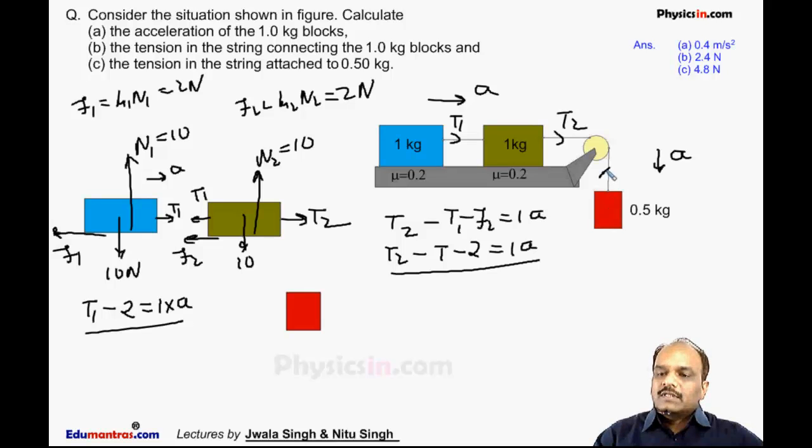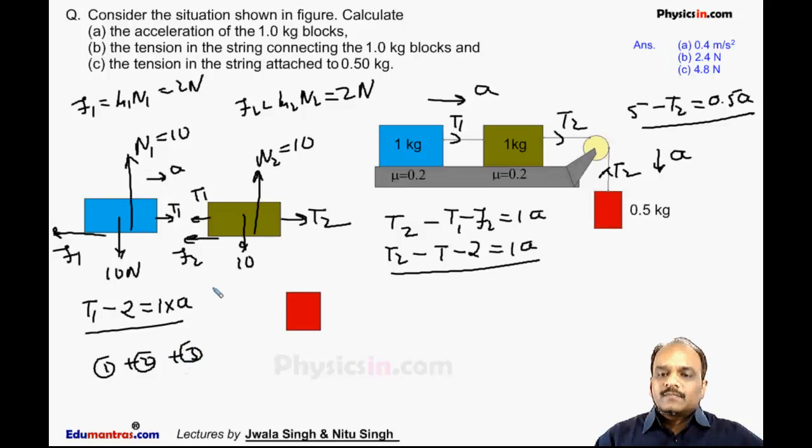And for this block we can say the tension here is T2. So 5 Newton minus T2 is equal to 0.5 into A. This is our third equation. Now if we add first plus second plus third, T1 will cancel out, T2 will cancel out.